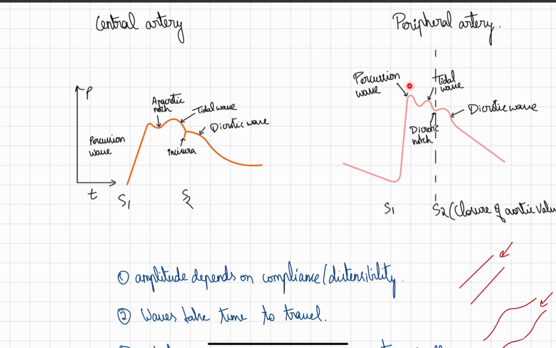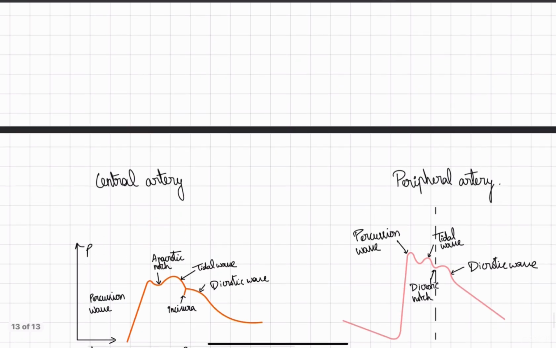What is steep? Look at this. It's almost 90 degrees. This forms an angle, right? So first thing is it's not steep, and then the amplitude. This is like 5 boxes. This is like 3 boxes. That's the amplitude. These are just pictorial representations; 5 boxes doesn't mean anything, right? The amplitude is greater in a peripheral artery. That's what I wanted to tell.